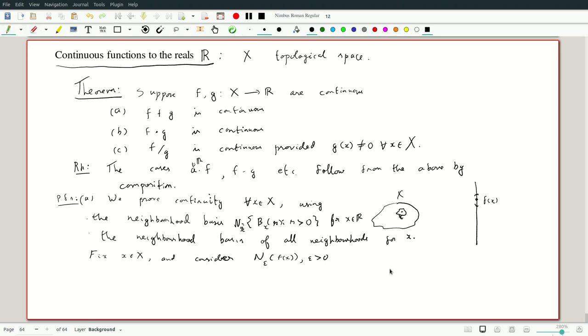Okay, so this is the set, and what we want to find is, oh, I'm sorry, it's not f, but we want to show for f plus g of x. We find V contained in X, so x in V open, such that f of V is contained in this ball.